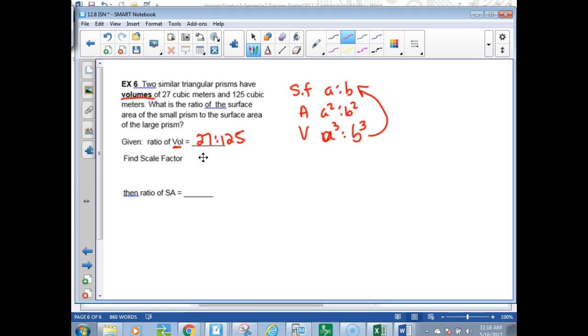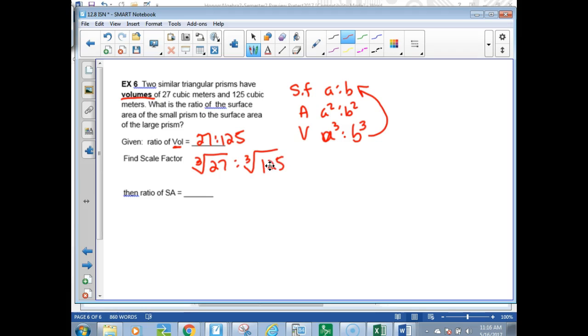So what we have to do is find the scale factor, take the cube root of 27 and the cube root of 125. I'll do them separately because otherwise your calculator won't like you. Now, if you have good number sense, you probably already know the answer.